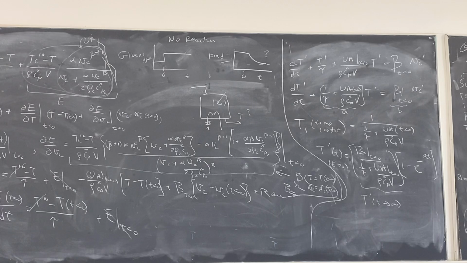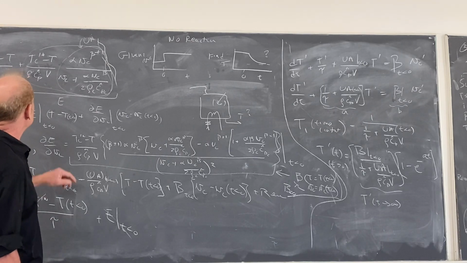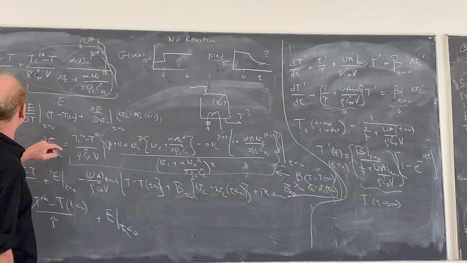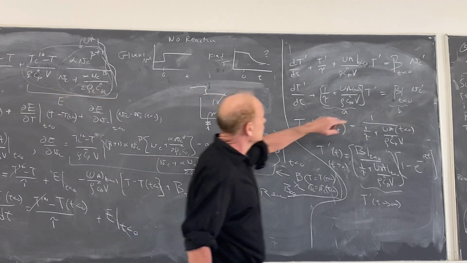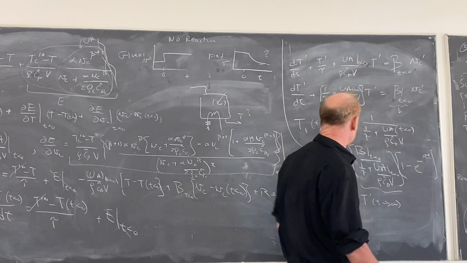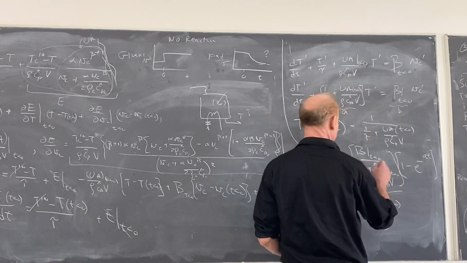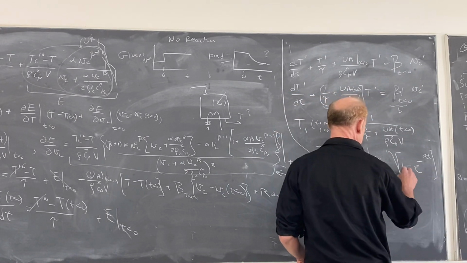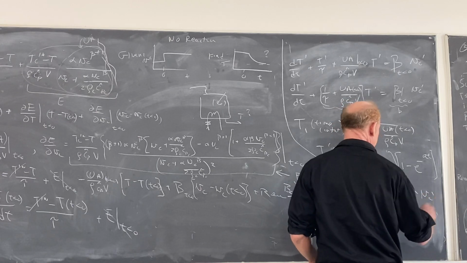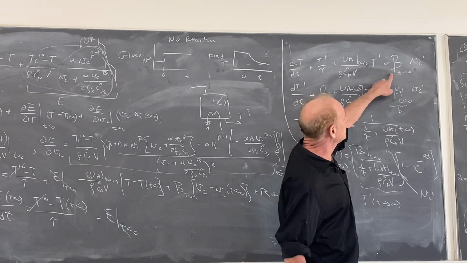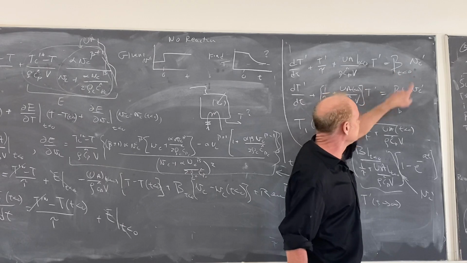Did I lose something? I lost something. Yes, I need a VC prime here. There's a VC prime. Because b, little b, is big B times VC prime.